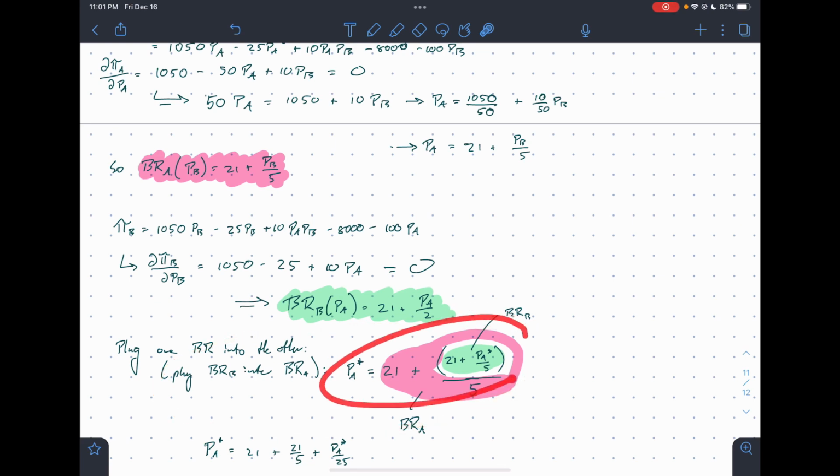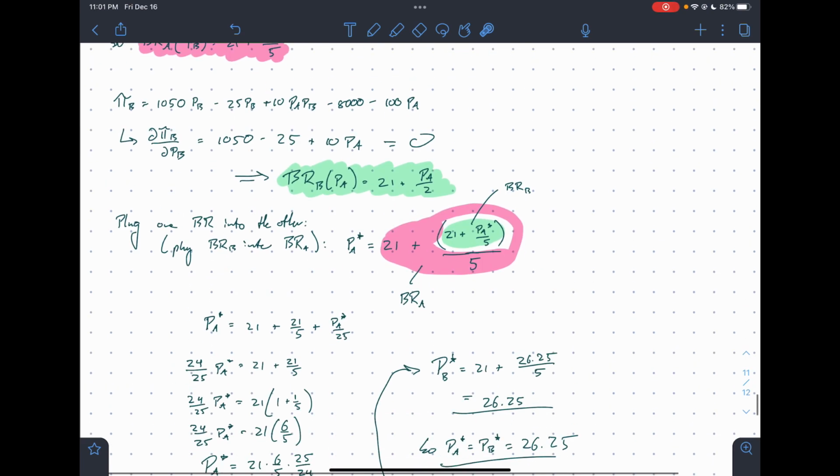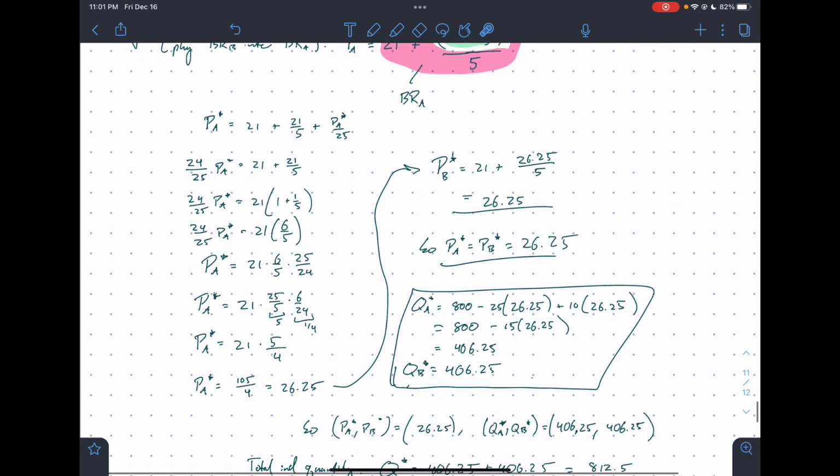I like to color code it, but you don't have to. You get an equation that you can solve for PA star. There's a bit of tedious algebra, and you get this price. This is the equilibrium price for firm A. And you want to plug that into the best response for firm B to get the equilibrium price for firm B. And we found that the prices are 26.25 for each firm.